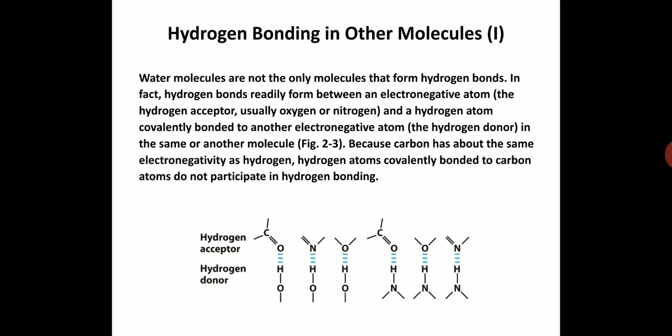Because carbon has about the same electronegativity as hydrogen, hydrogen atoms covalently bonded to carbon atoms do not participate in hydrogen bonding. Here in this diagram we can see the hydrogen acceptor and the hydrogen donor.